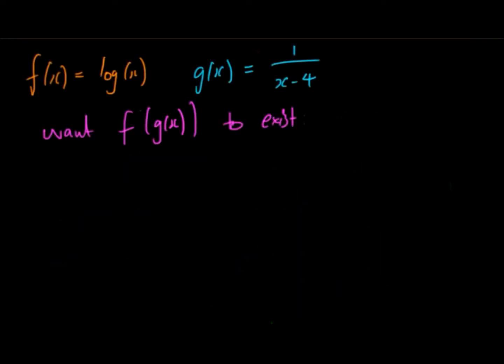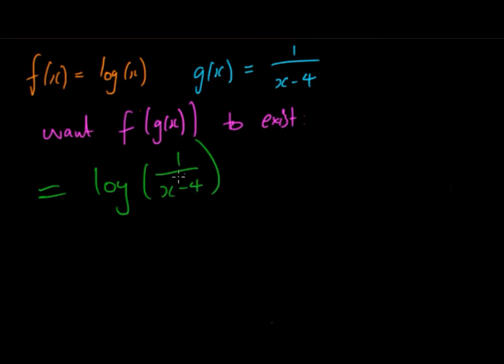So a final example is if f(x) is equal to log x and g(x) is equal to 1 over x minus 4. We want f∘g to exist. So for this to occur, we find out what this equation is: log of 1 over x minus 4.